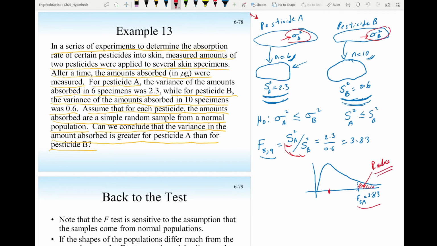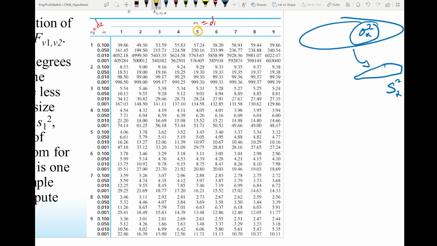We go to the table. We want to find the p-value for 3.83. This is the degrees of freedom of the numerator, and this is the degrees of freedom of the denominator. So 5 and 9 is here, so we are dealing with this data. 3.83 is between these two numbers.